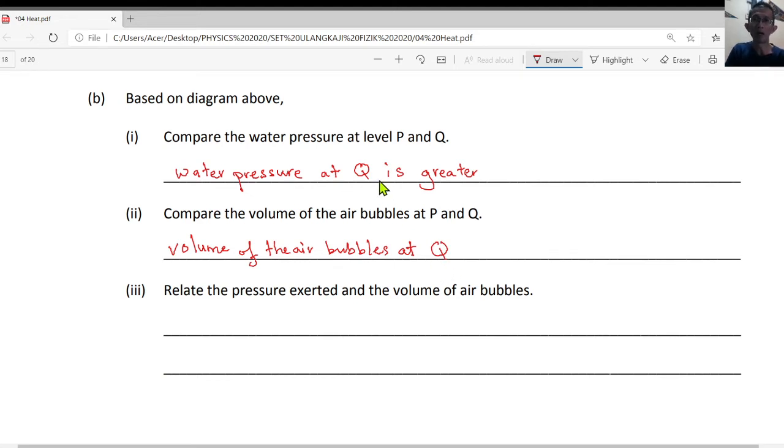Up here I'm doing it with respect to Q, so down here I'm going to use Q as well. So the volume of the air bubble at Q is what? At Q it would be smaller, right? Smaller or less than that in P.